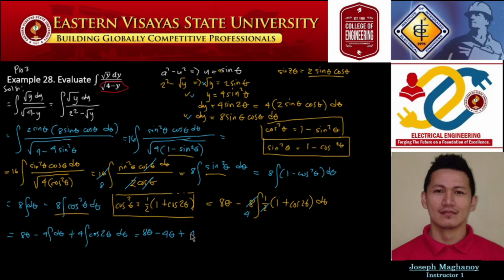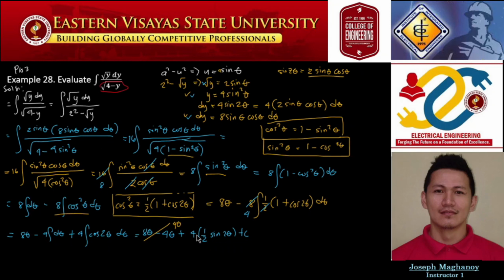Plus 4, if we integrate our cosine 2 theta, that would be equal to 1/2 sine 2 theta plus c. So we cancel out some common terms again. So here, 8 minus 4 theta, this will become 4 theta.